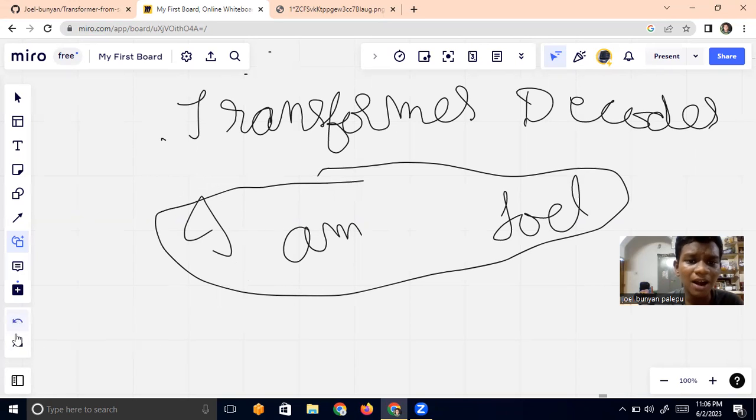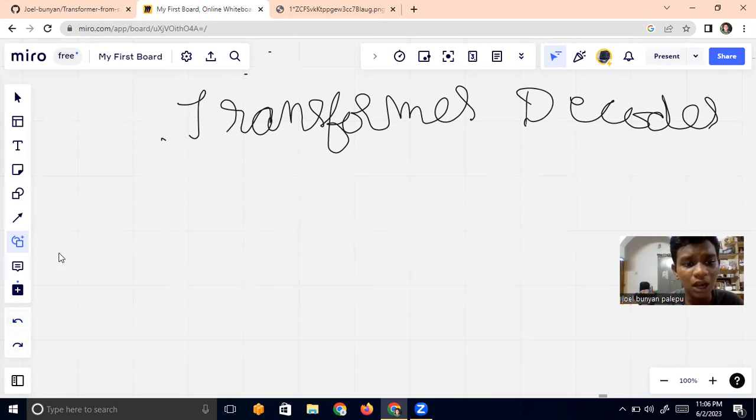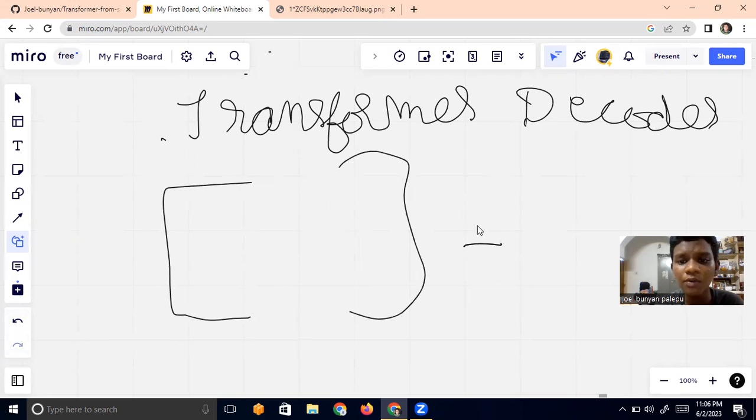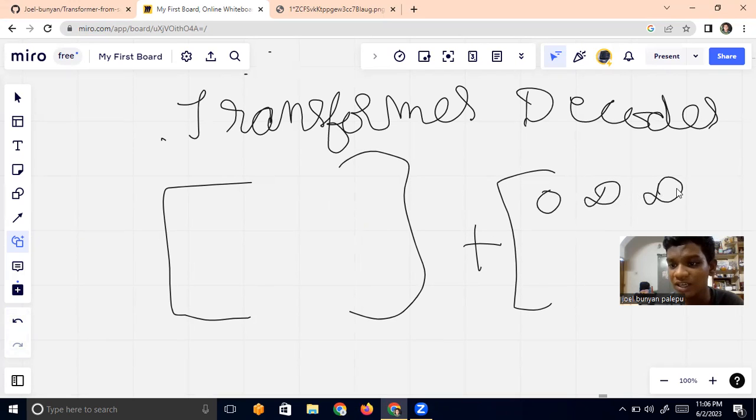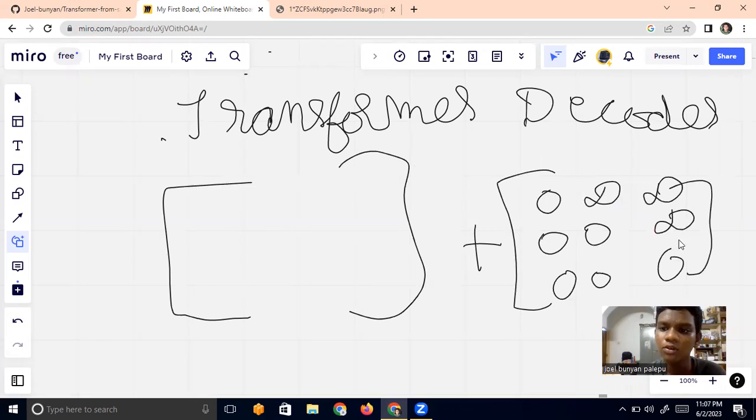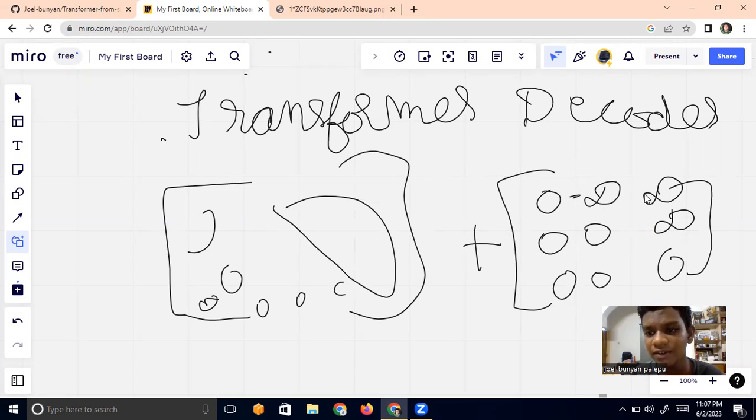So we'll just mask off these values. How do we do this? Let's say this is our matrix, with three elements in each row. We add this mask matrix: whatever values are in this corner we remove by adding, let's say, minus infinity, right?